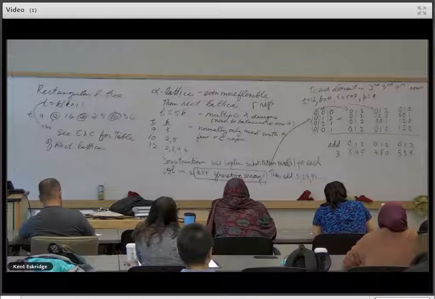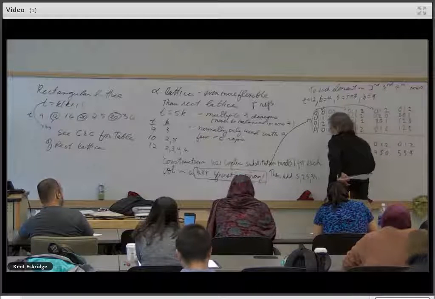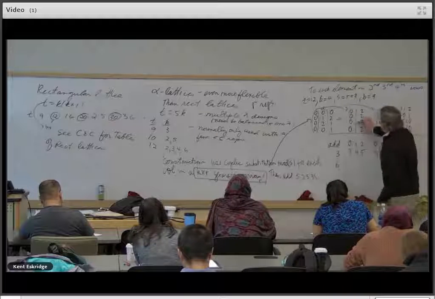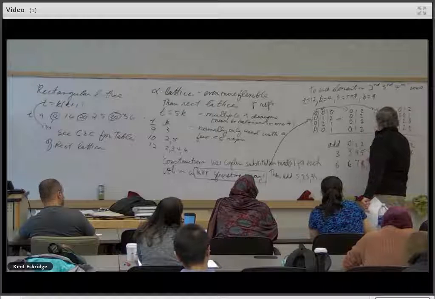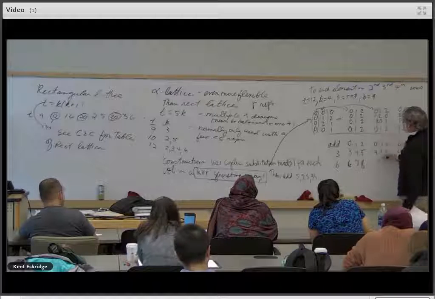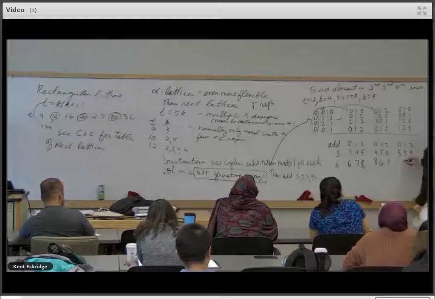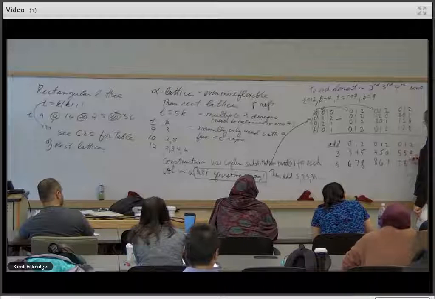Right? Now the next one I add 6. So add 6 to this one. So it's going to be 6, 7, 8. 8, 6, 7, and then 7, 8, 6, right?